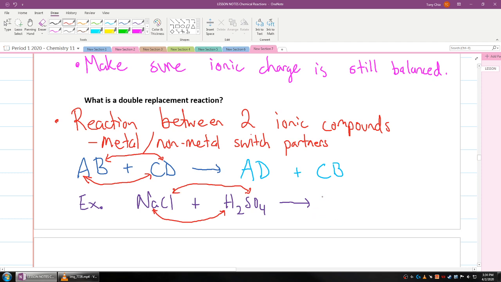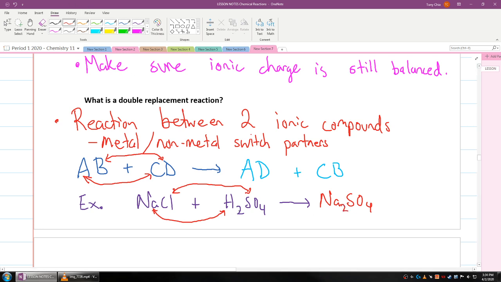The Na, which was initially with chlorine, is now going to be with sulfate. So you're going to have NaSO4. But this is not correct, because sodium has a +1 charge, but sulfate has a -2 charge. So in order for that to balance, you need 2 sodiums.